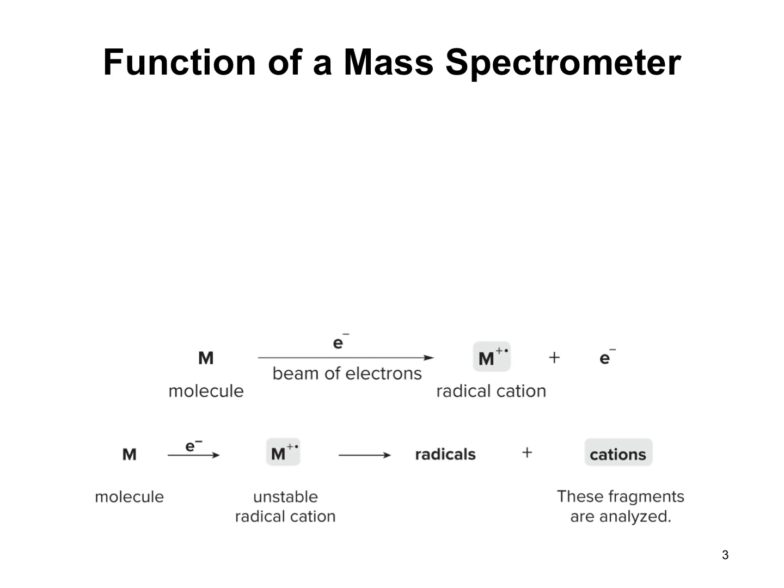When the electron beam ionizes the molecule, the species that's formed is called a radical cation and is symbolized as M+. So we inject the molecule into the spectrometer, it gets bombarded with a beam of electrons, and one of the electrons of the molecule is broken off, and now we have a radical cation.